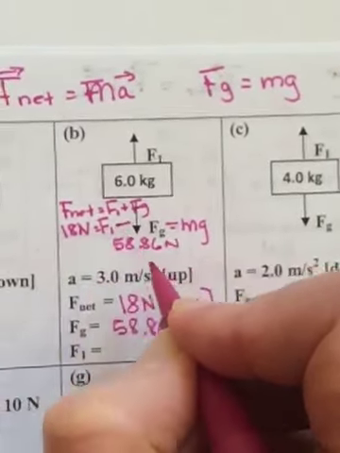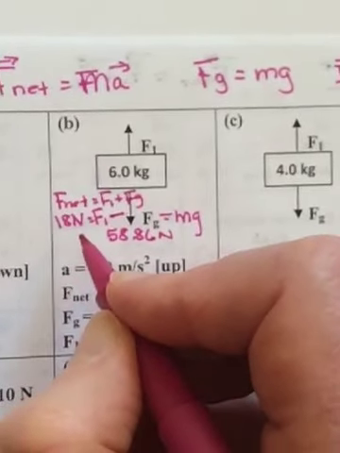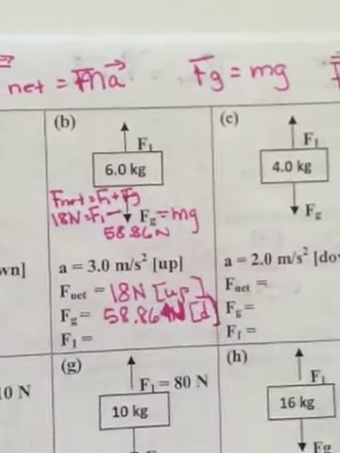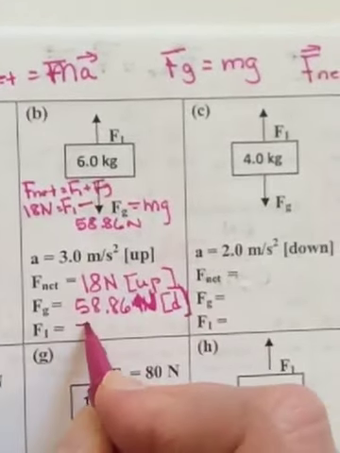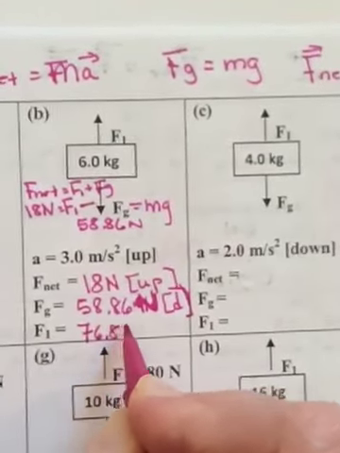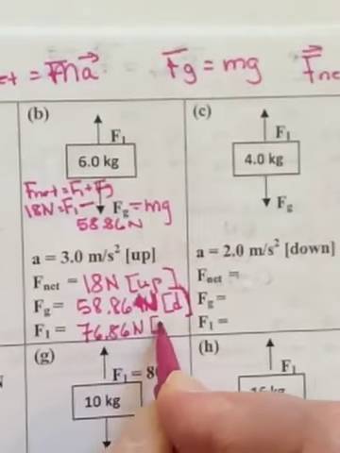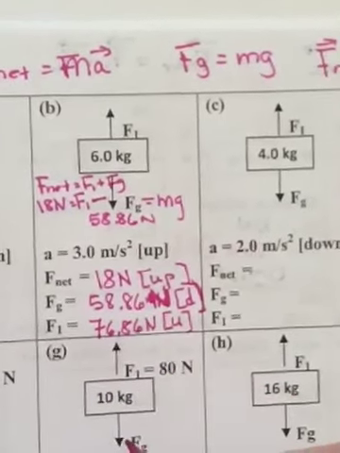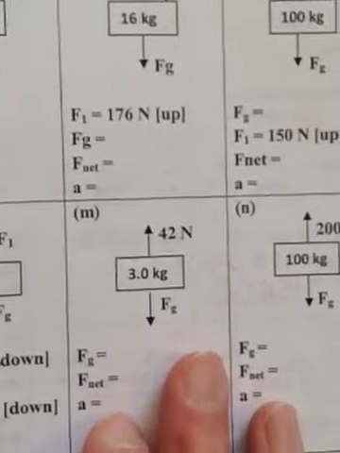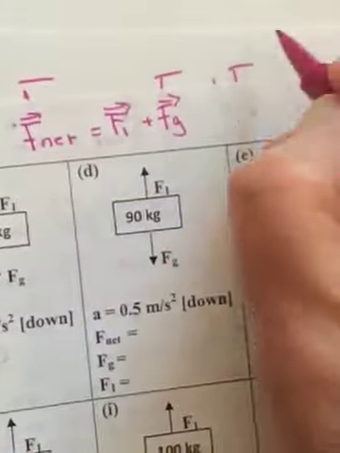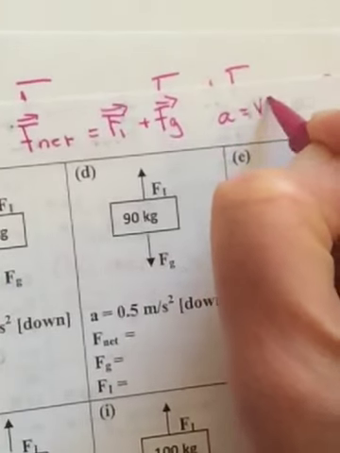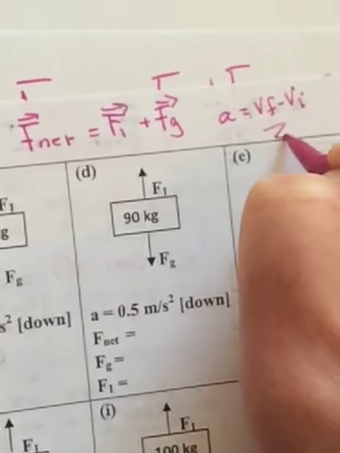So you take the 58.86 over, it becomes positive, and you add it to the 18, and you get 76.86 newtons. It's positive, so it's up. Okay? And you may also still need your A equals VF minus VI over delta T again.